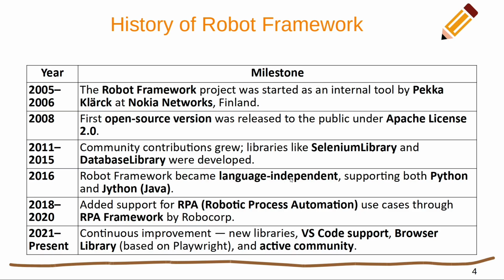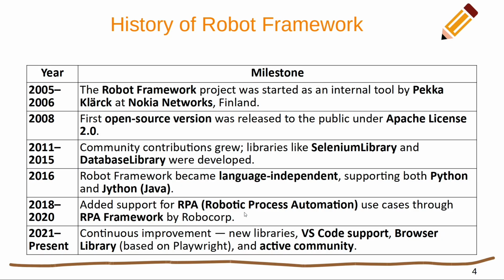Then in 2018 to 2020, it added support for RPA, robotic process automation use cases, through the RPA Framework by Robocorp. So in 2018-20, a major development was robotic process automation.